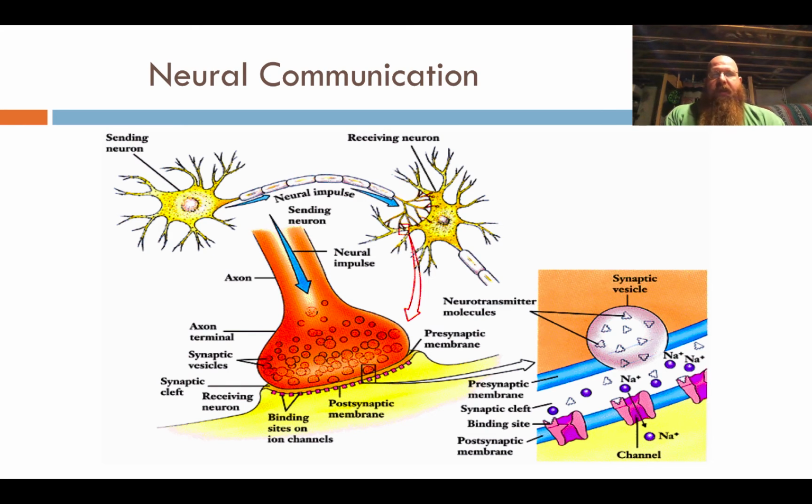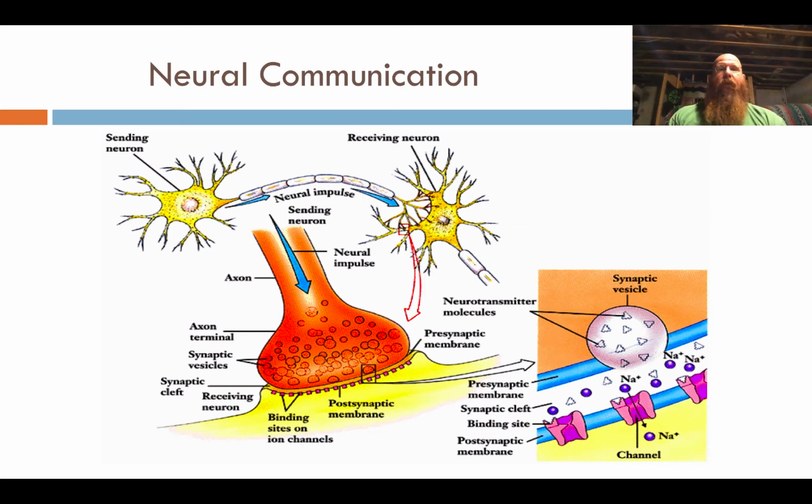So this is the slide that we ended with, and I want to make sure that we're fairly clear on how communication happens, because there are questions on the AP exam on the order in which things happen within the neuron.